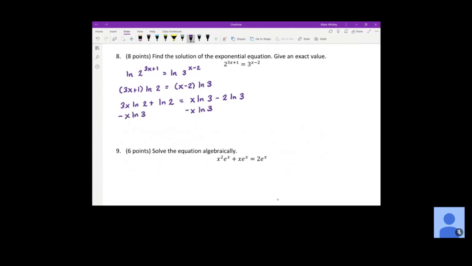But I'm also going to take this natural log of 2 and subtract it to the other side. That way I get all the x terms on one side, and all the number terms that don't have x's on the other side. Now I'm left with 3x natural log 2 minus x natural log 3 equals -2 natural log 3 minus natural log 2.